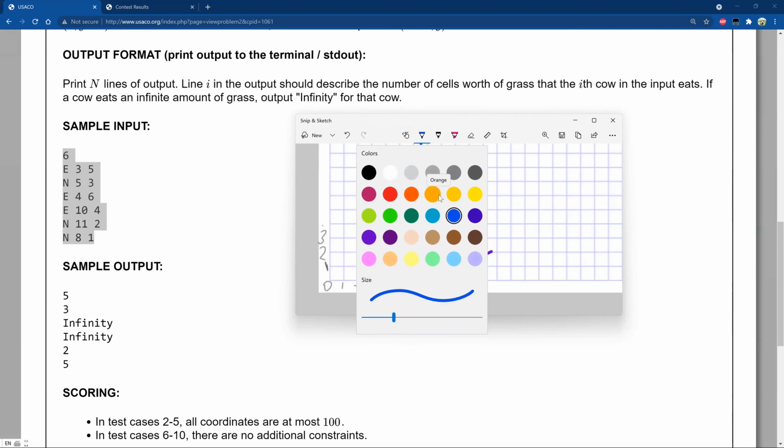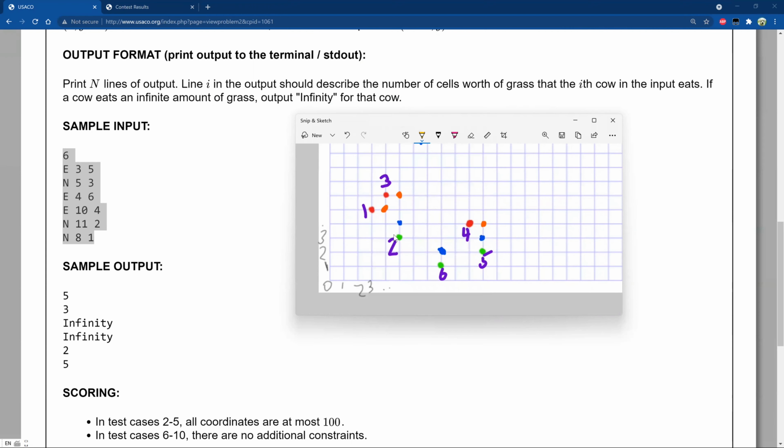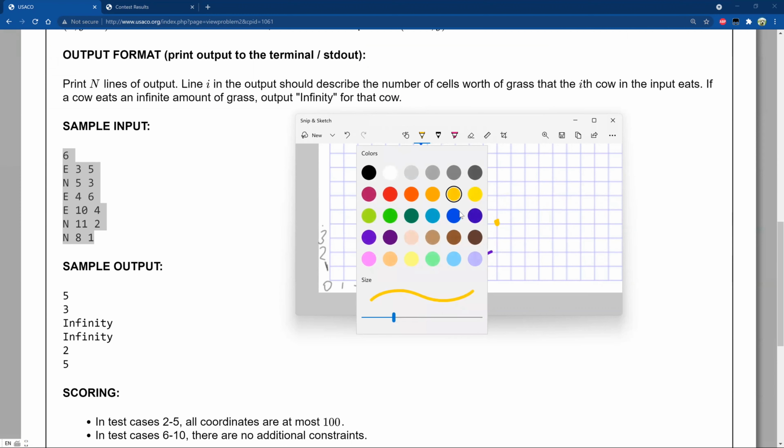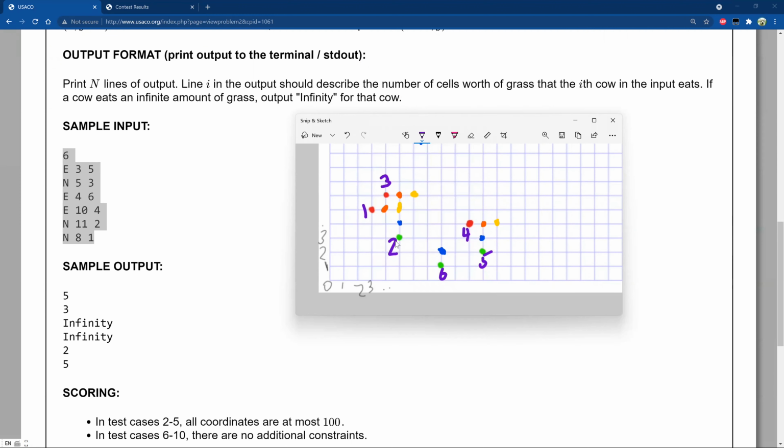I'm going to use a different shade. Let me use yellow. So cow number 1 will be over here. Cow number 3 will be over here. Cow number 4 will be over here. And I use purple. Cow number 2 will be over here.